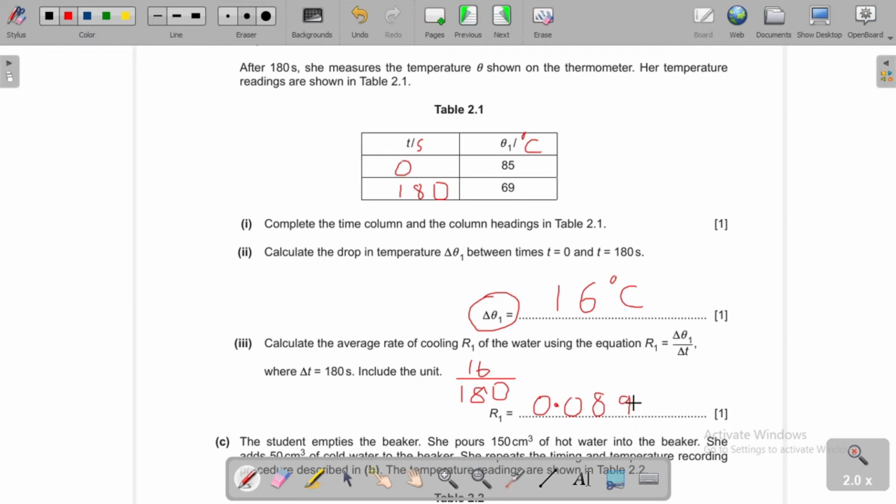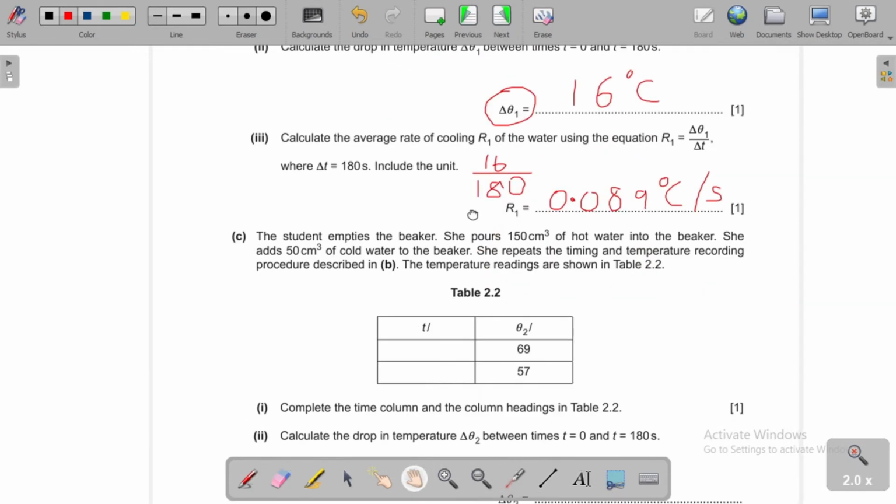You may also leave it to two decimal places, that's 0.09. Now, what is our unit? This one is temperature, that's degree Celsius, divided by seconds. That is the unit. Let's go to the next question.